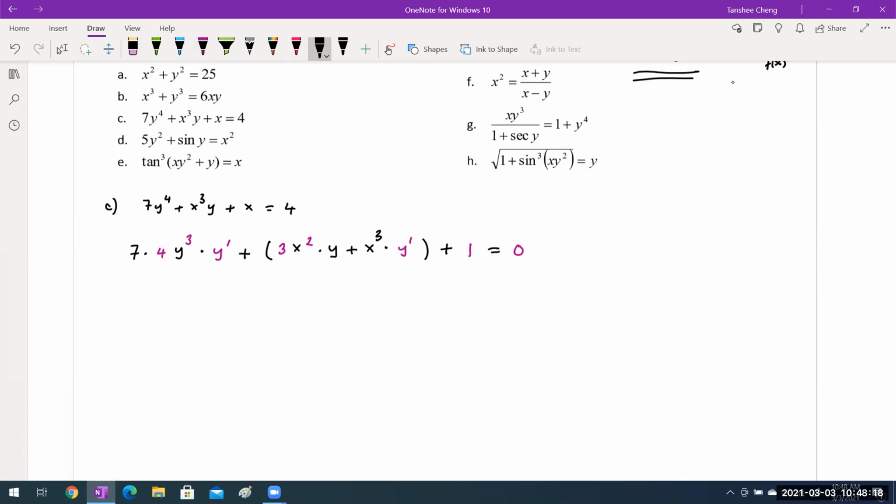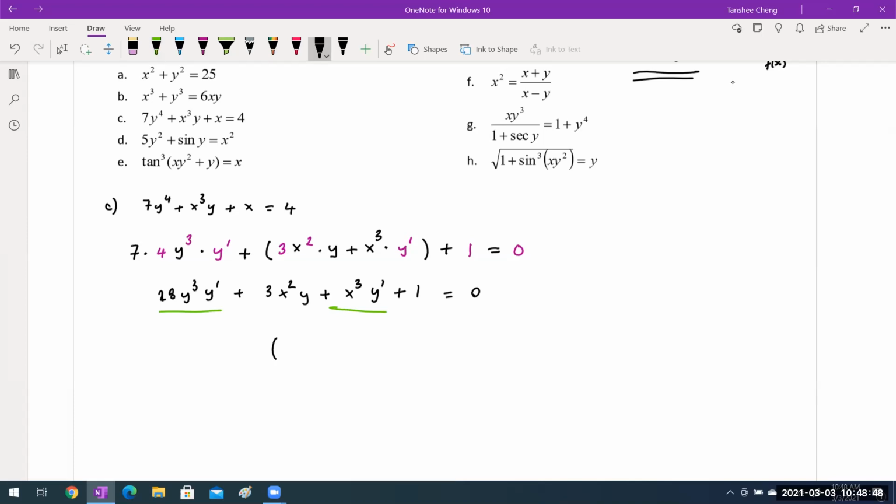So now I can simplify it. That will give us 28 y to the third power y prime plus 3x squared y plus x to the third y prime plus 1 equal to 0. Solving for y prime, on the left hand side I can factor out y prime from these two terms.